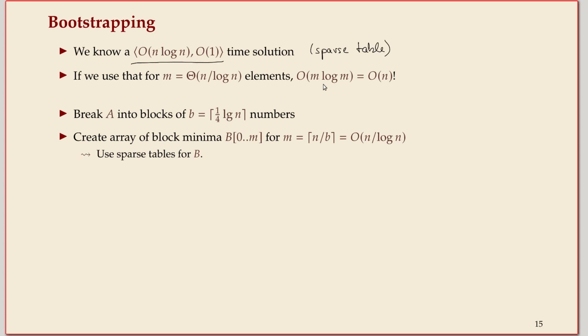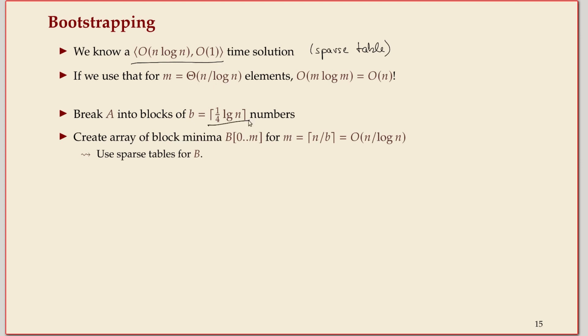So we don't have to work very hard, but if we could just break our input into blocks of logarithmic numbers each, dealing with those blocks would be possible using the existing data structure. And that's where the name bootstrapping comes from. You pull yourself out of the swamp using your own bootstraps. We will use the slow data structure that we've already had as part of the fast one by using it on a just slightly smaller input.